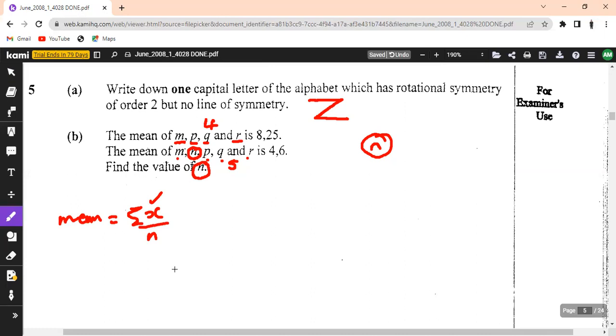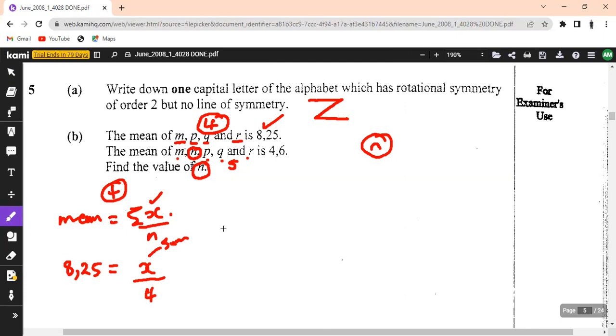We are given that for the first 4 numbers the mean is 8,25. So you're going to say 8,25 is equal to the sum of the 4 numbers over 4. We do not know the sum, which is the total here, but we know that these terms were 4.